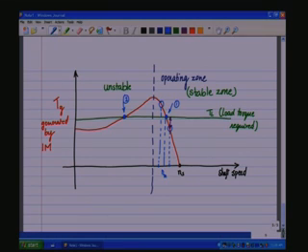Now in the case of this zone, if there is any deviation, let us say here, from the operating point, the torque is higher, speed is higher, so therefore it will go still higher in speed and it will try to move away like this, away from the operating point.